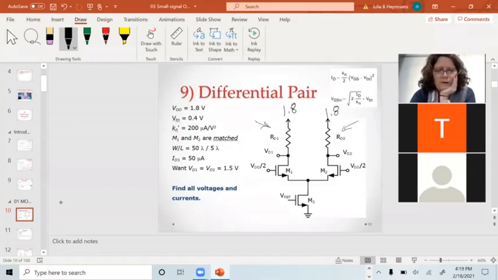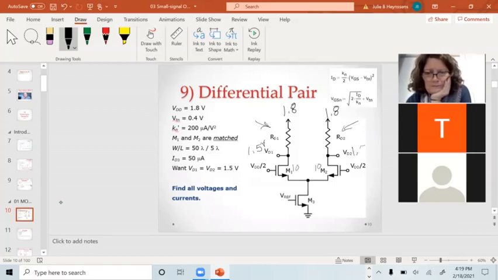So the W over L's for the transistors, 50 lambda over 5 lambda, that looks like 10 to me. We want VD1 and VD2 to be 1.5 volts. And there was something else in here. Oh, ID3. We want this to be 50 microamps.